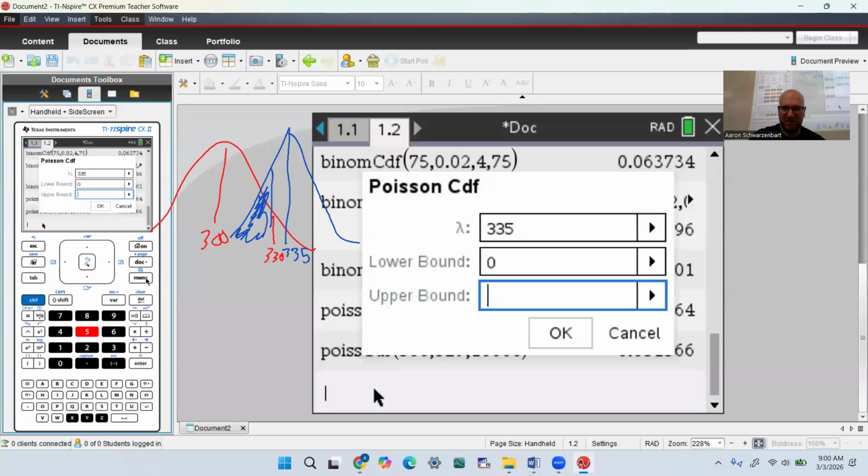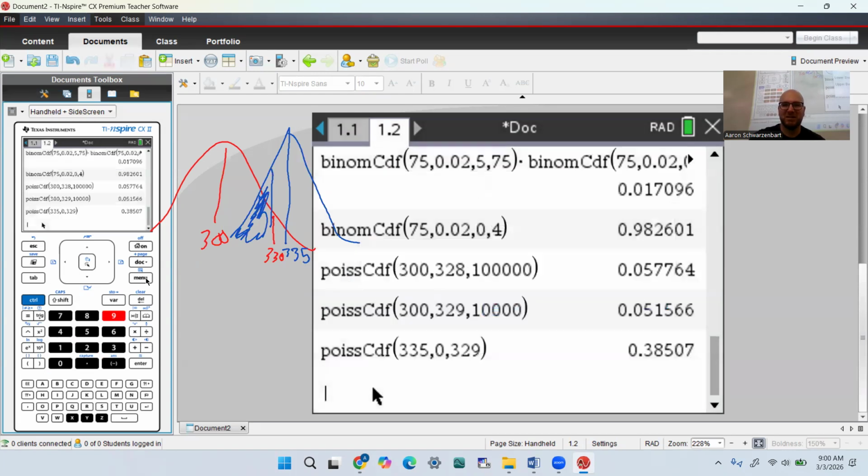I'm actually looking for the 0 to 330 range. Well, no, 330 I'll still reject, so I have to do 329. Does that make sense? Yeah. I can't have a partial person. My type 2 error is 38.5%.